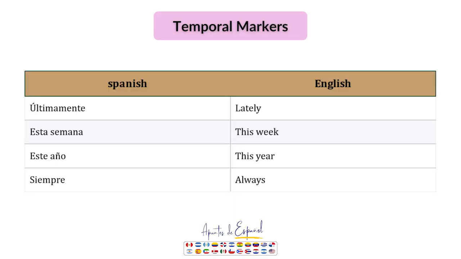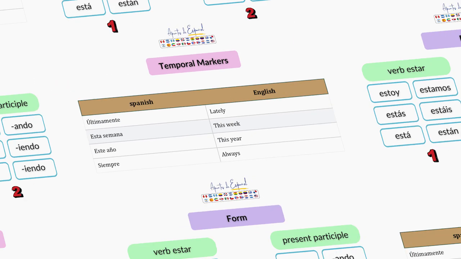These temporal markers are words that can be used to set up the stage into a time frame. For example, the words últimamente, esta semana, este año, siempre, all of them are placing your sentence into a time frame, right? It's talking about what is happening to you right now, this week, this year, lately, recently.